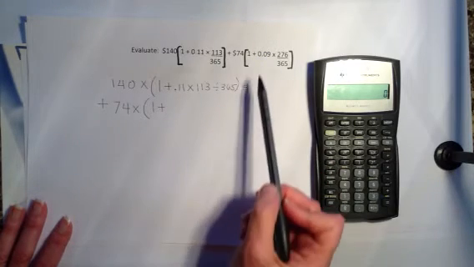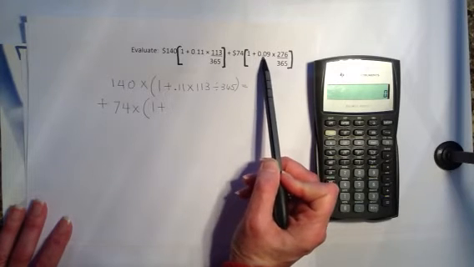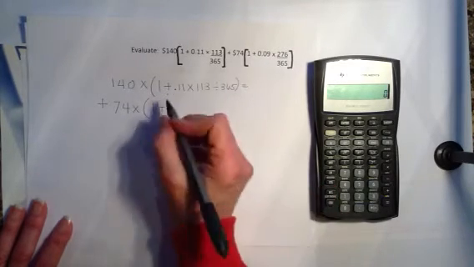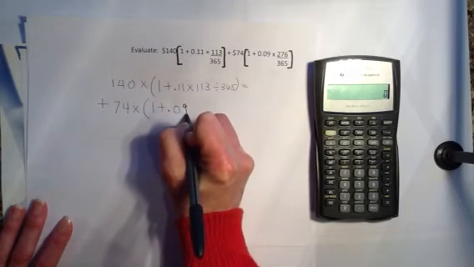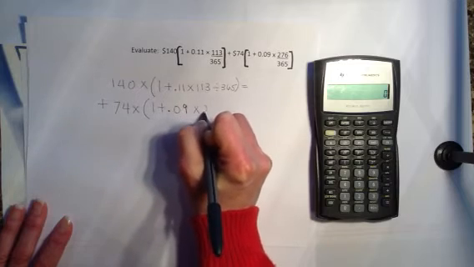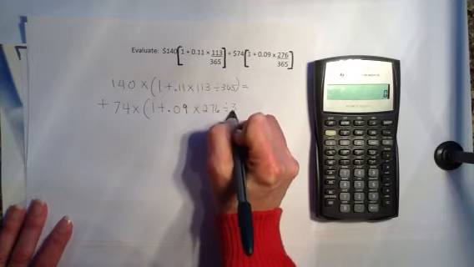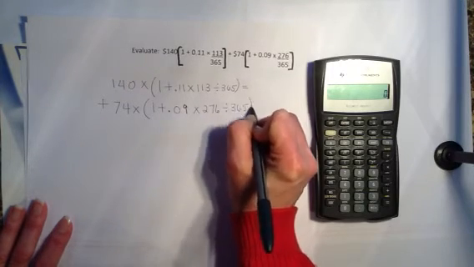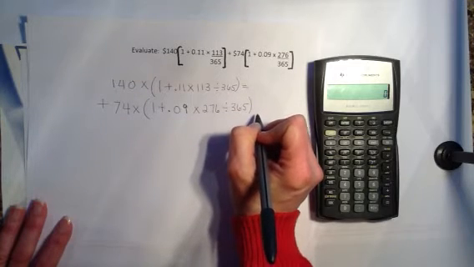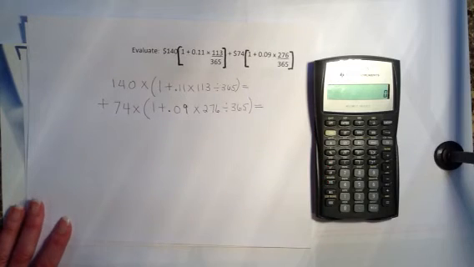We don't need to type in this 0 before the decimal because it's on its own, but we do need to type in the decimal point, 0.09. That's a 9, folks, and we need to multiply that by 276 divided by 365. We then need to close the bracket, and then press the equal sign. So these are the keystrokes that we'll put into our calculator.